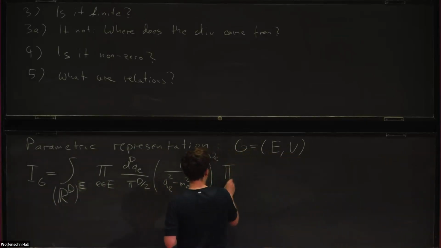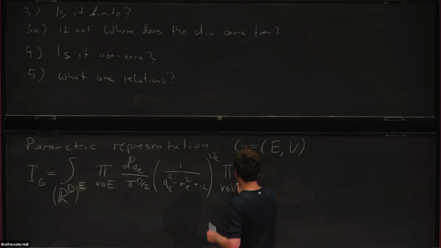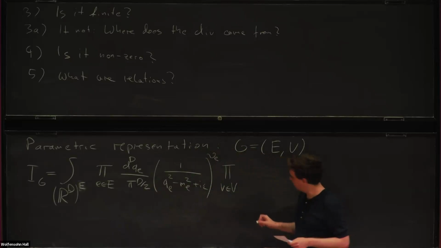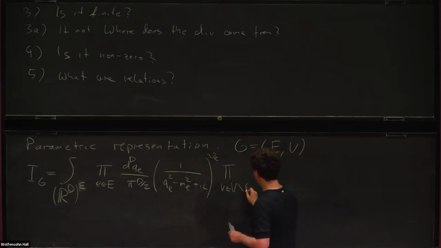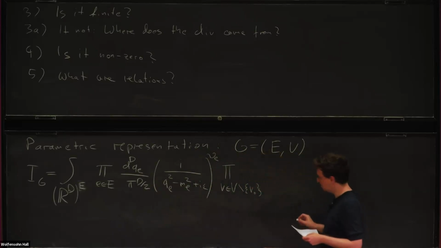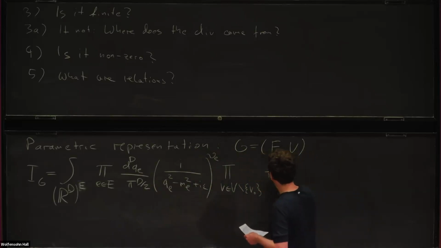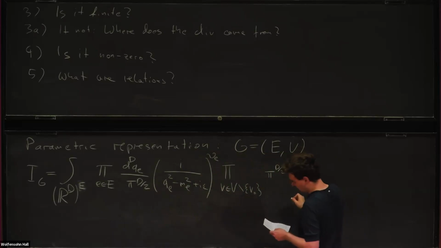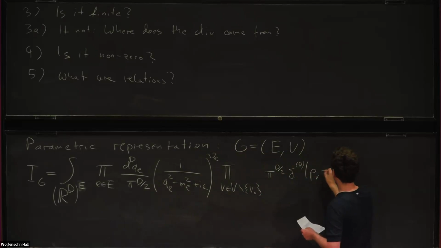For the vertices, for each vertex we also have a product, and we want to leave out one arbitrary vertex. It will be apparent why we do that. For each vertex we also have a normalization factor, and then a delta function, which ensures momentum conservation at the respective vertex.